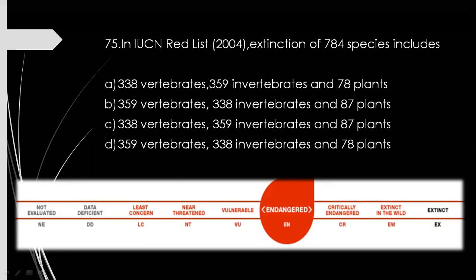And students, you can see here I have put down this IUCN Red List. These are those 7 categories: not evaluated; data deficient, where the data is less; least concern; near threatened, if it's going to get threatened; vulnerable, meaning about to get endangered; endangered, meaning very less in number; critically endangered, meaning almost vanishing; extinct in the wild; and extinct, which is something not present now.